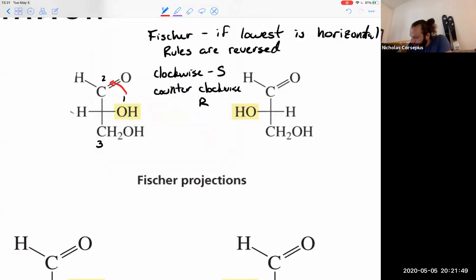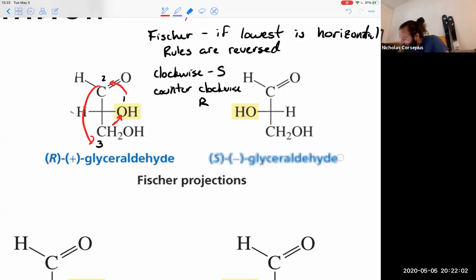Now I'm going counterclockwise, and this gives me my R stereoisomer. Likewise, this is going to be reverse. This is the S isomer. And again, that's true for the Fischer projection when the lowest priority group is in that horizontal position.